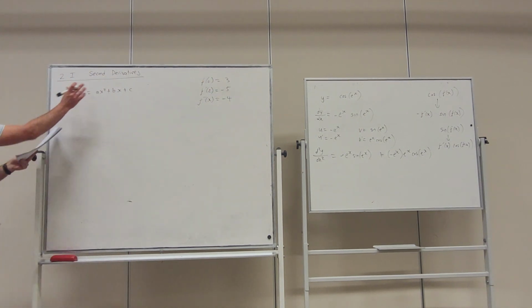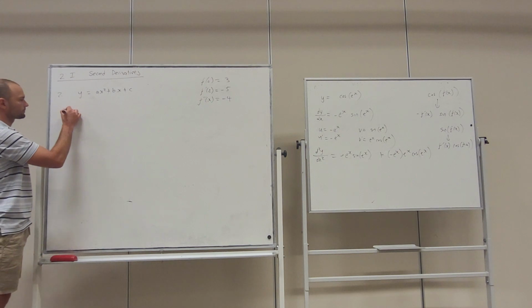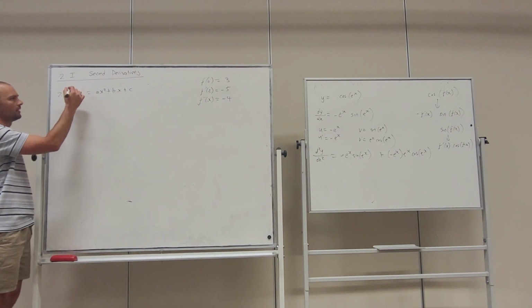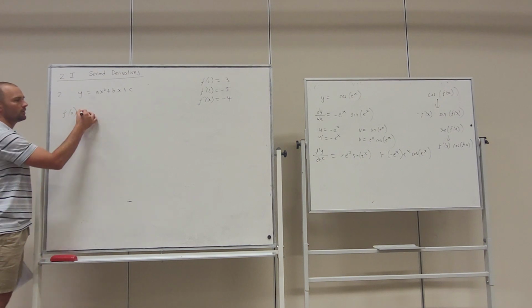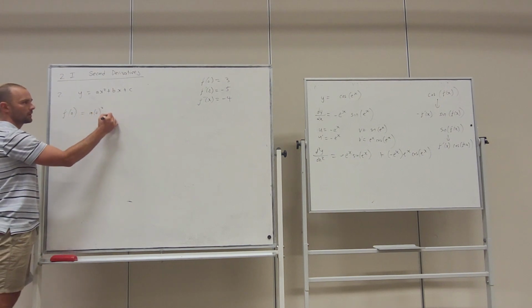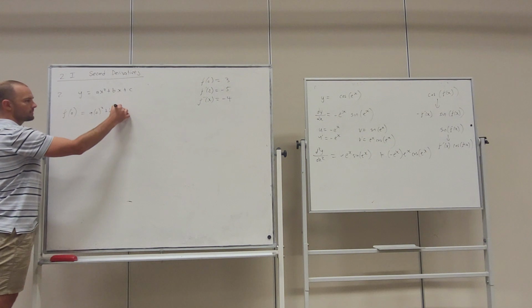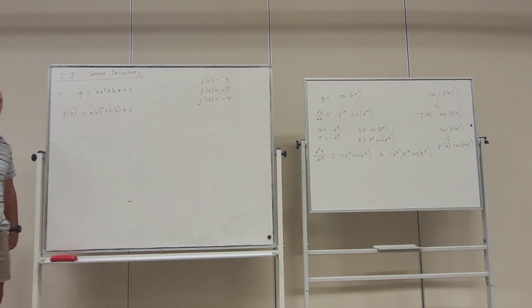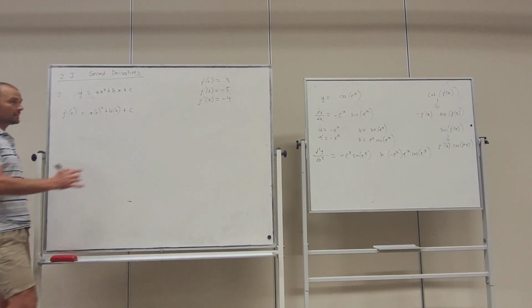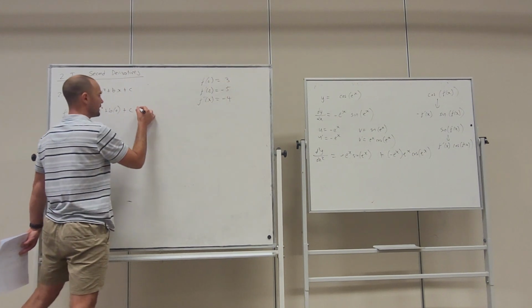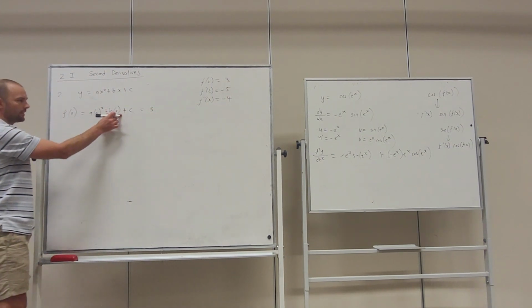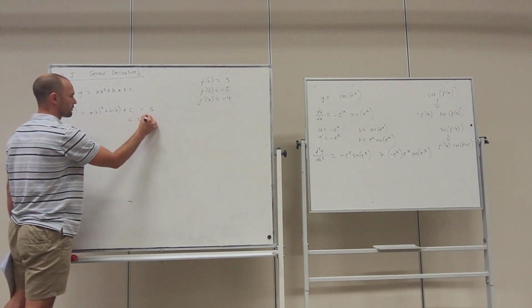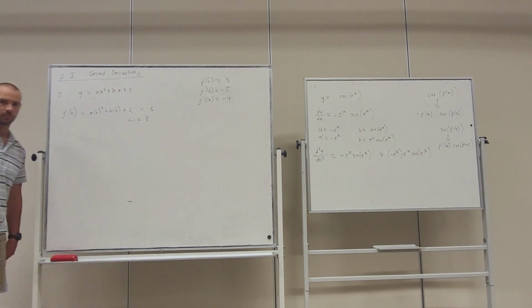When I put 0 into this equation, okay, so we're given y, but we can write y equals f of x, it's absolutely fine. f of 0 equals a times 0 squared plus b times 0 plus c. And f of 0 is equal to 3. Alright, that's 0, that's 0. I've got c equals 3. I've already found one of those variables.